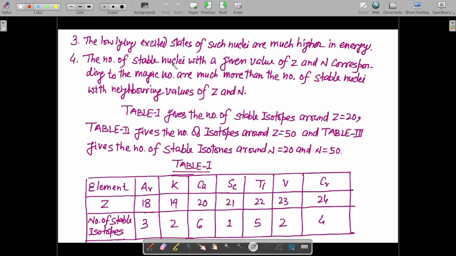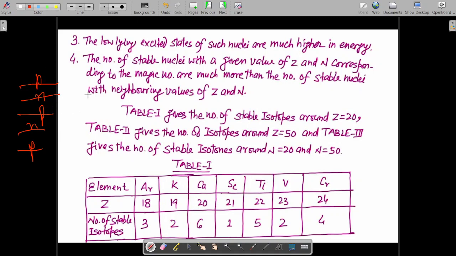For example, suppose these are the various states in which protons and neutrons are residing. So there is proton, neutron, and again proton. Suppose such is the situation.